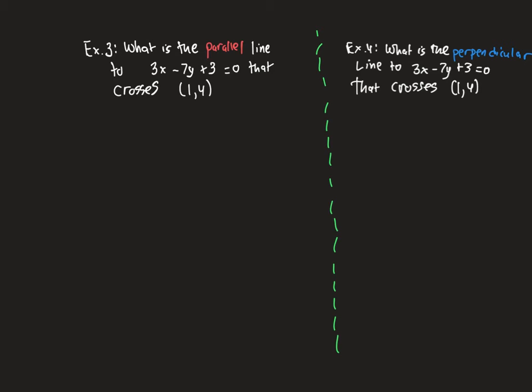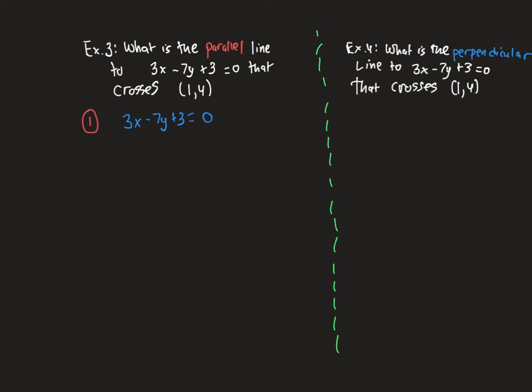Now, unlike in the first example where the slope was given to you on a silver platter, in this case, I cannot tell what the slope is. So you need to follow the first step, which is putting this back into slope-intercept form. All right? So I'm going to just rewrite this here.